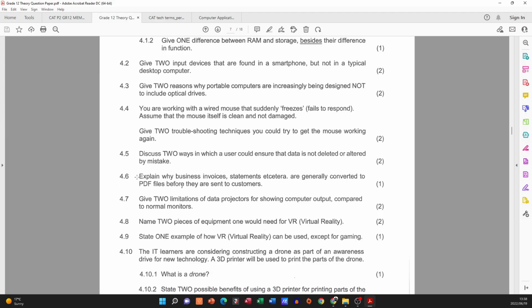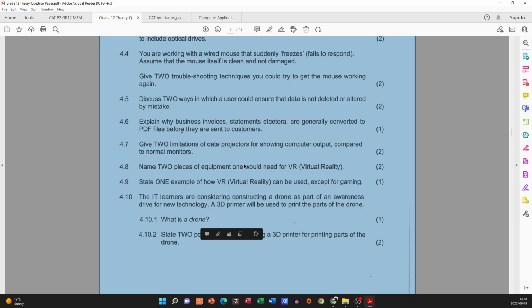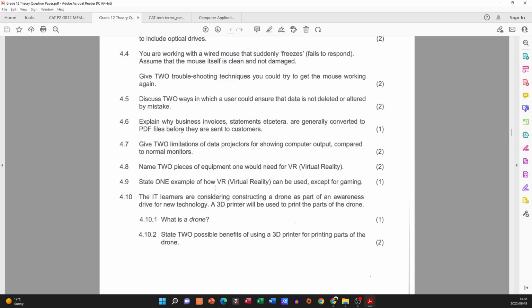Remember what they mentioned to us. Here are keywords: explain, discuss, give, name, state one example of how VR, virtual reality, can be used. Don't go and explain what virtual reality is. You are asked to give an example of how virtual reality can be used, except for gaming.